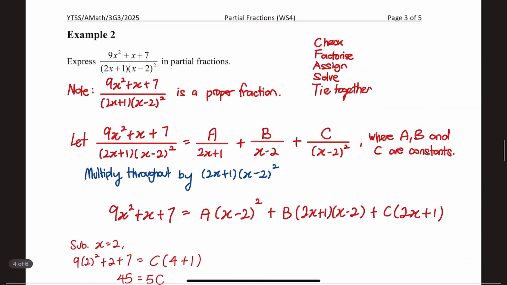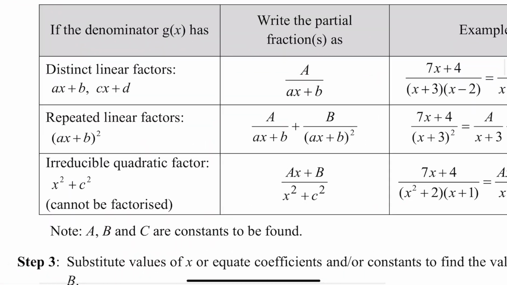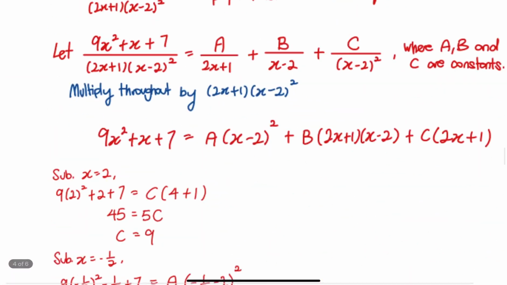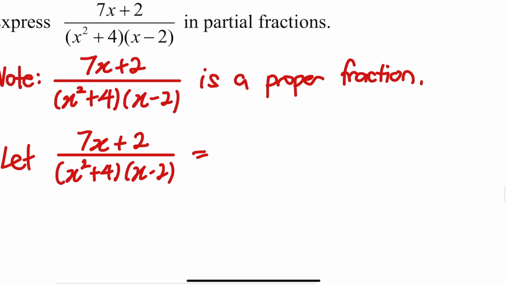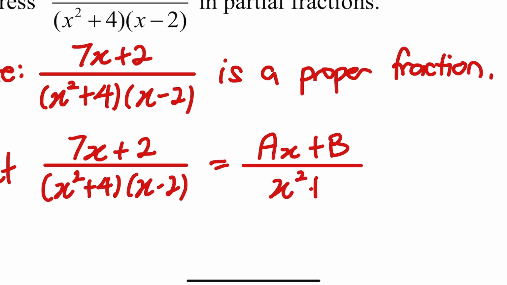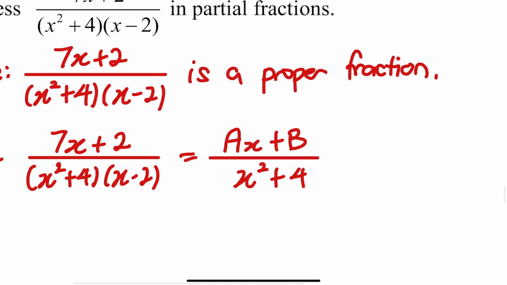So if I go back to my table, for an irreducible quadratic factor, I'll turn this into ax plus b over the irreducible quadratic factor x squared plus 4. Then the next factor is a linear factor x minus 2. So this will be plus c over x minus 2.